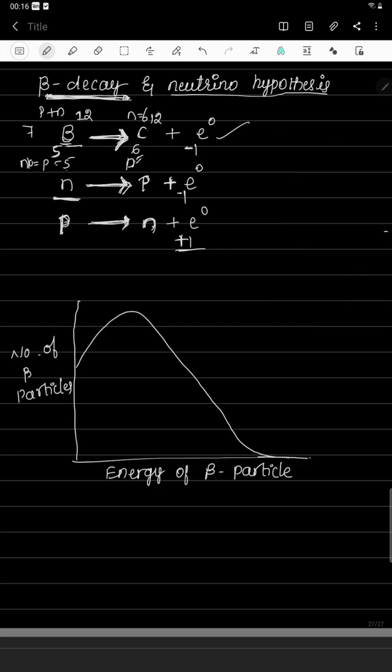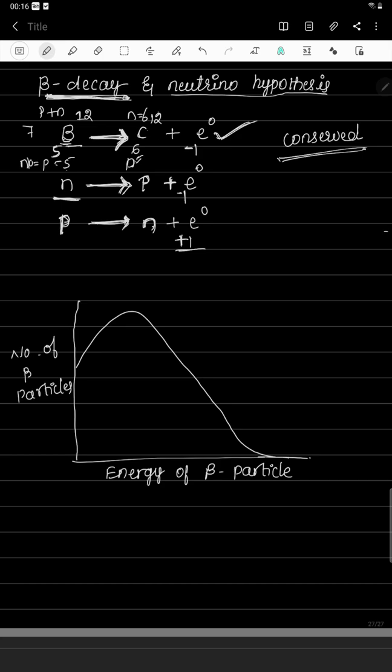By studying these kinds of reactions, where a neutron gets converted into a proton and a proton into a neutron, scientists found that some physical quantities are not conserved. For all reactions, some quantities in physics should be conserved, only then that reaction takes place.